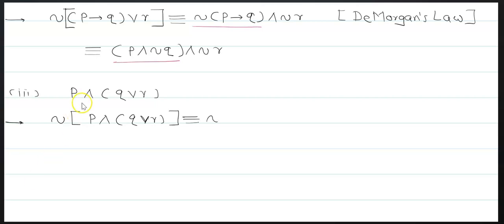Next is P or in bracket Q or R, and it's a negation. Therefore again P will become negation, and will become R, and negation of Q or R. This is De Morgan's law.